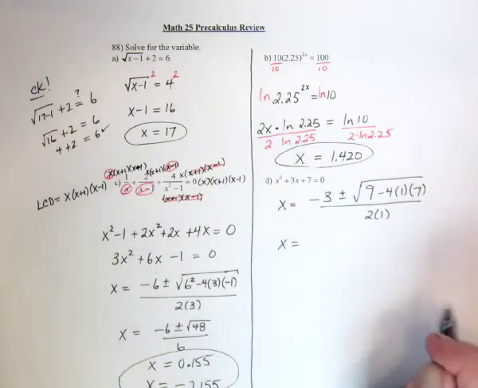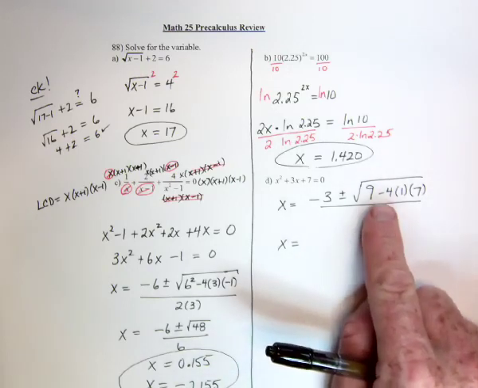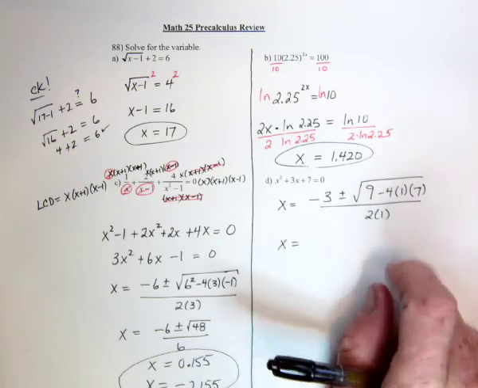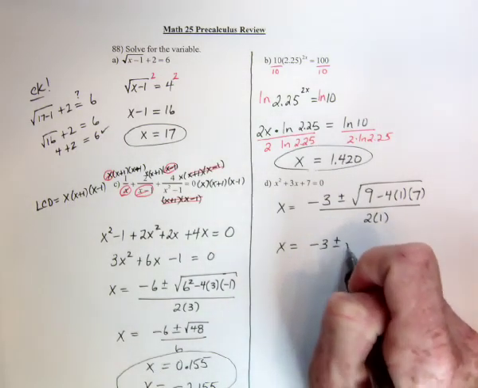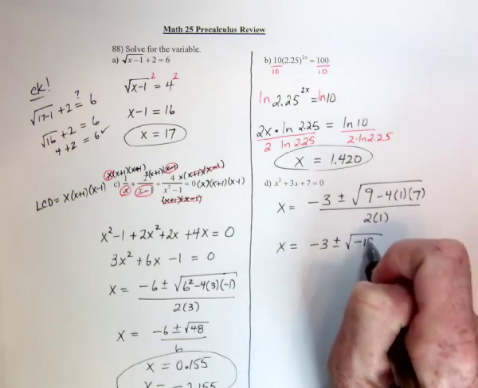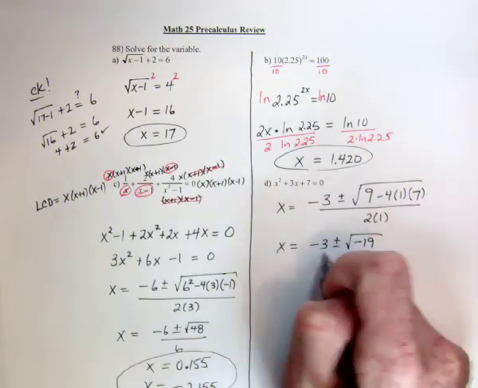And then what's slightly different in this case is that in here we're going to get 9 minus 28. 9 minus 28 is a negative number. And so we get negative 19 inside the radical.